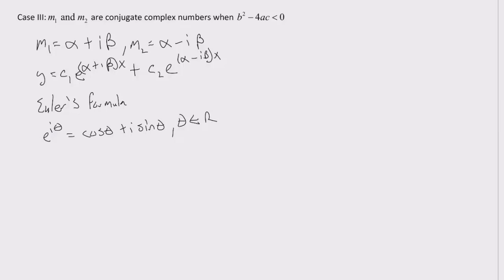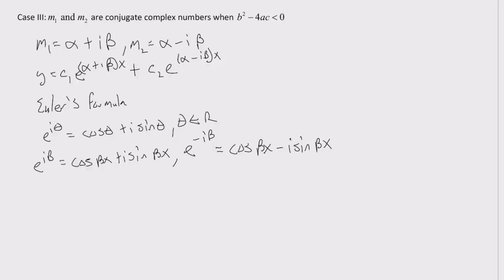So in our case, e^(i beta x), the positive one, will break up into cosine beta x + i sine beta x, and the negative one, e^(-i beta x), would be cosine beta x - i sine beta x.